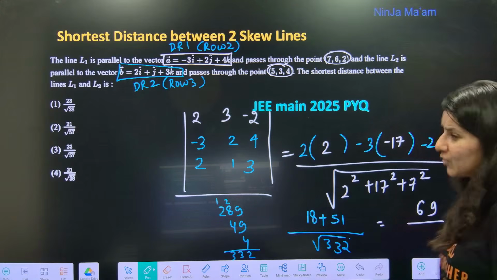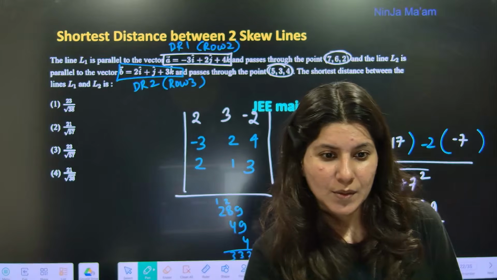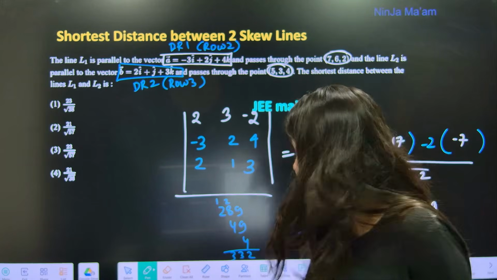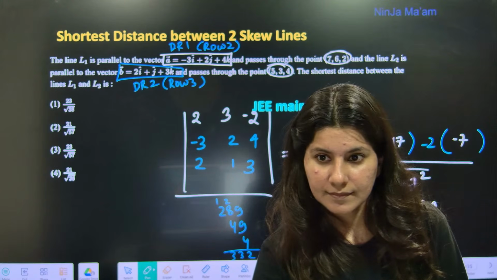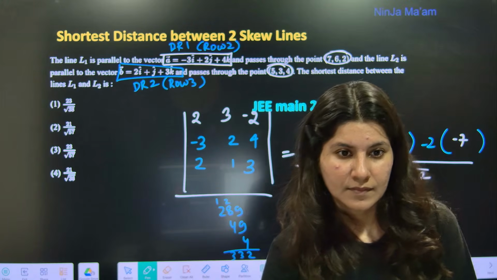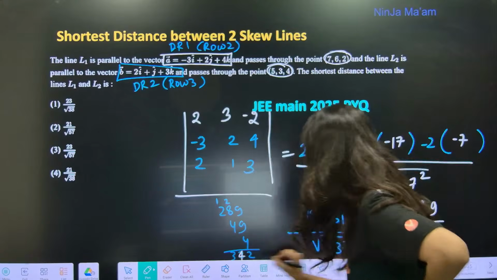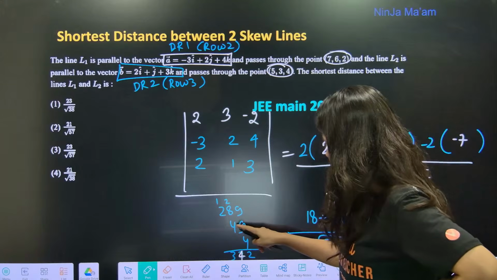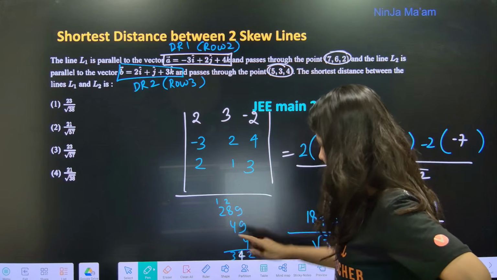Have I made any calculation mistake? Let me check. Okay. It should be 342. Yes, 342 is better. Yes, 342.